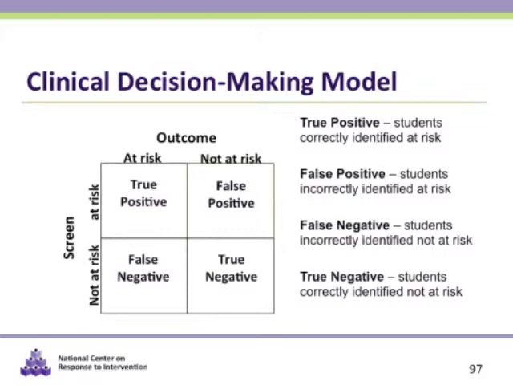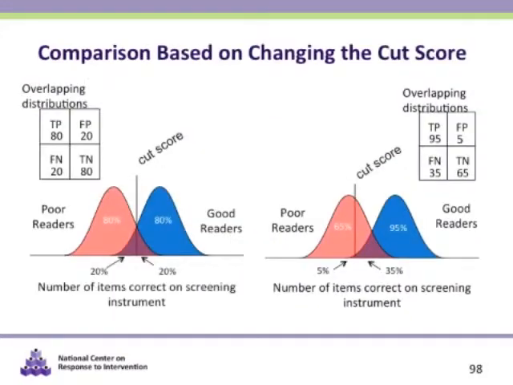Regardless of the type of cut score, so how you divide those kids who are at risk and not at risk, if you change the cut score, you influence the number of students who are accurately or inaccurately identified. So in example 1, we accurately identified 80% of true positives and 80% of true negatives. And we can see that by the overlapping distribution box in the upper left-hand corner.